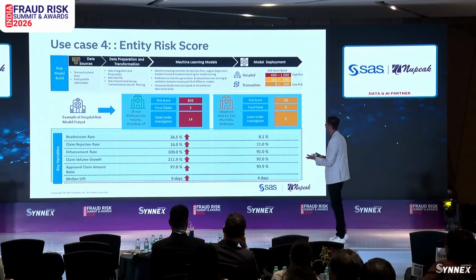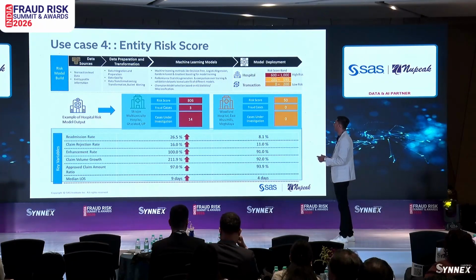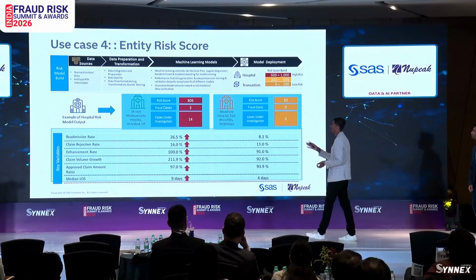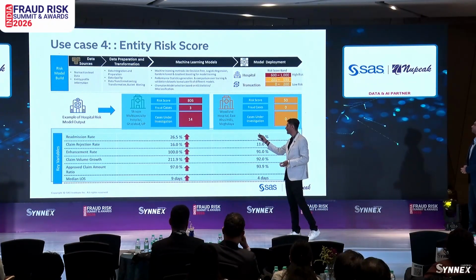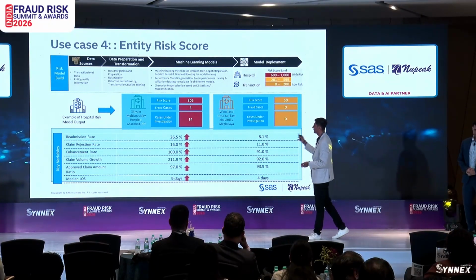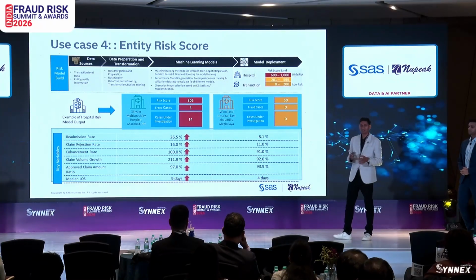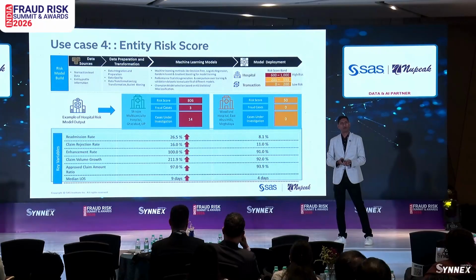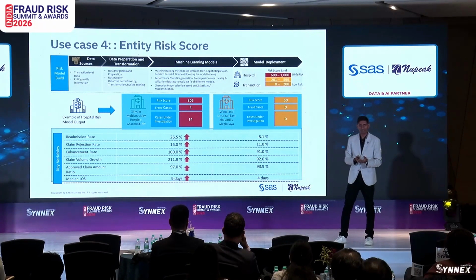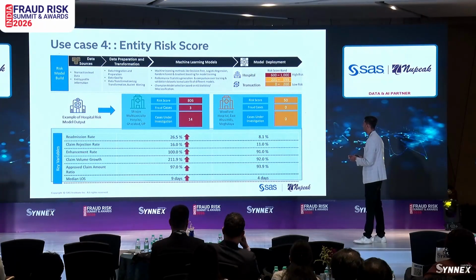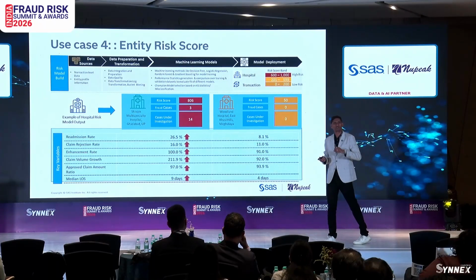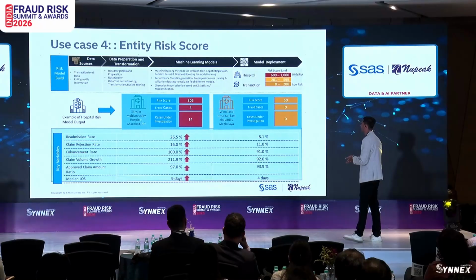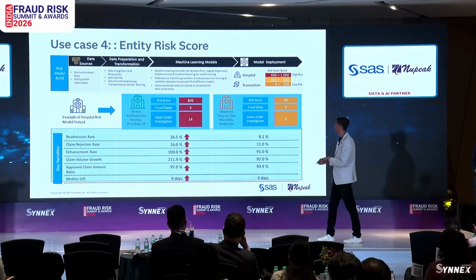If we talk about hospital risk scoring in the context of healthcare insurance, then what is the readmission rate, what is the claim rejection rate, what is the enhancement rate, claim volume growth. These are some of the parameters that we keep in mind while creating this particular out-of-the-box model. That's where you will be able to identify if there is something fishy about this hospital that is processing my claims. So this is one of the few examples of how we do the risk scoring.